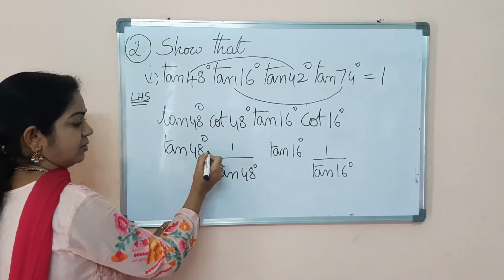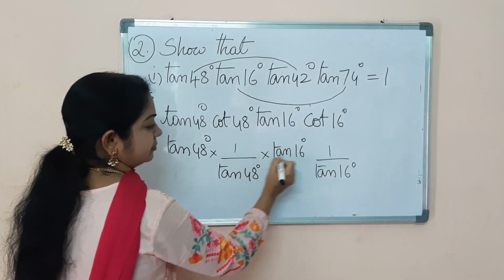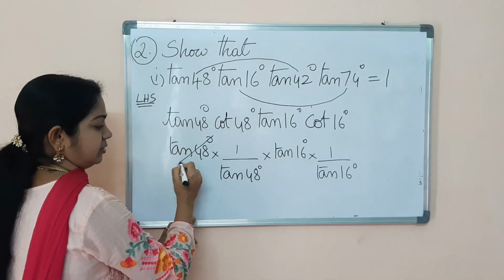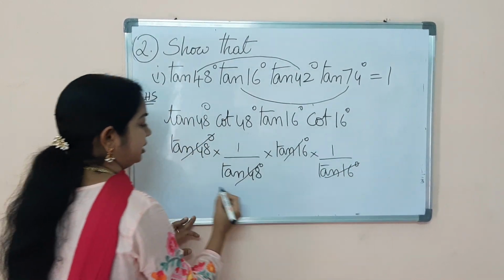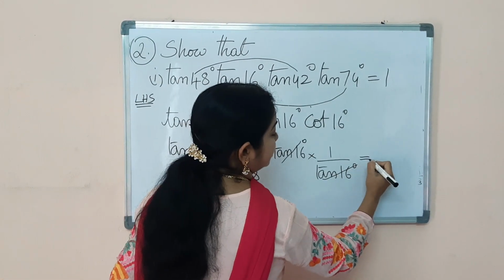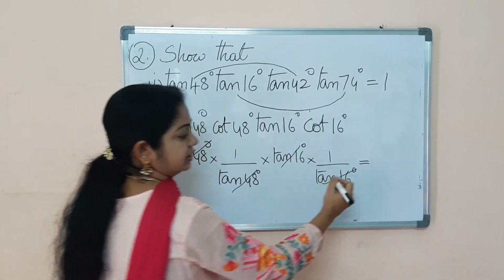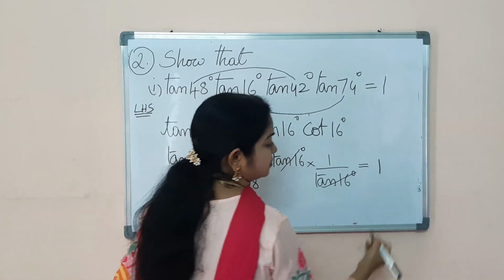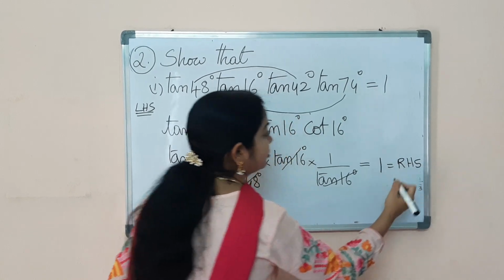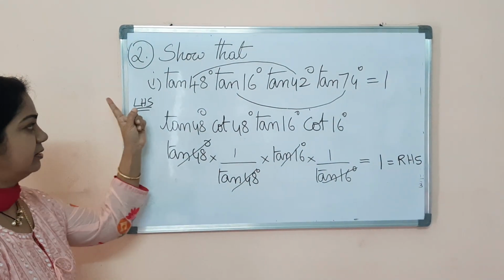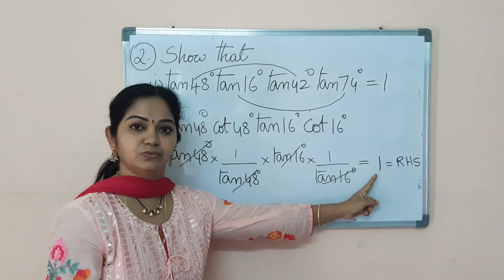These are all multiplication, so when you cancel tan 16 with tan 16, multiplying horizontally, it comes to 1 by 1, that is 1. This is the RHS. So we have shown that the complete value comes up to 1.